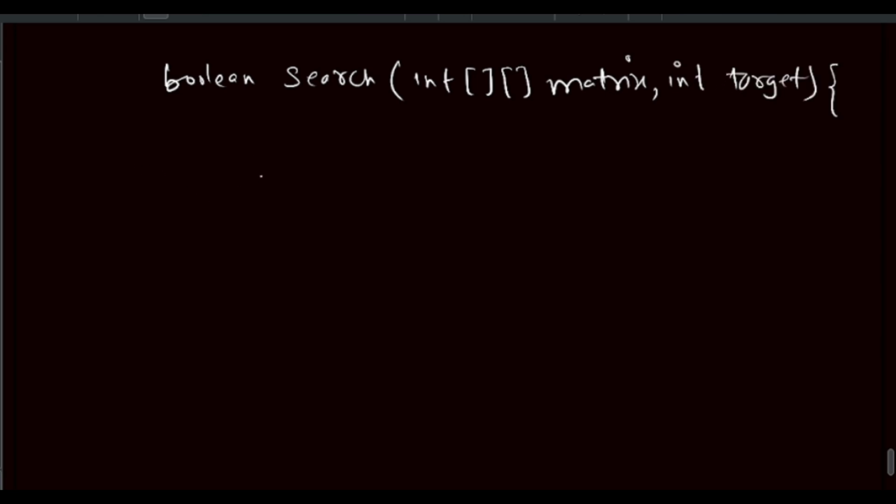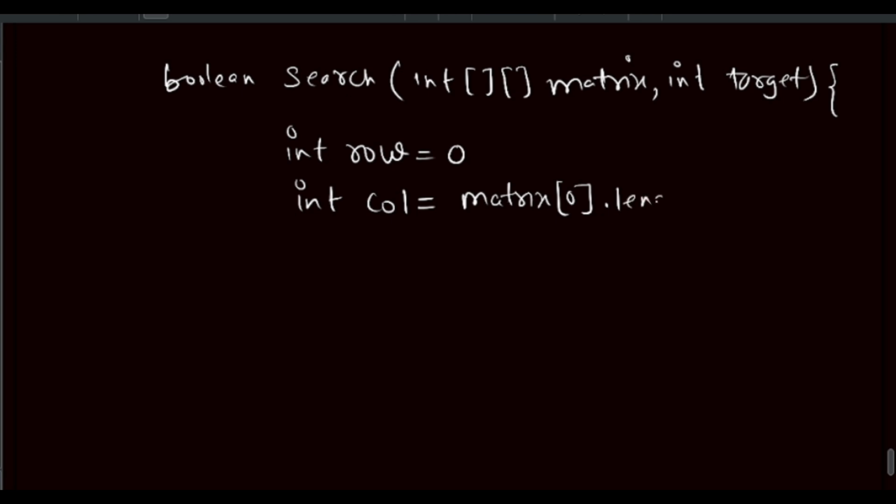What I'll do is I'll create a variable to track rows and I'm going to create a variable to track columns as well. And I'll start column from the upper right corner, so it will be matrix 0 dot length, because I'm taking the length of the first row, I mean the last index of the first row.